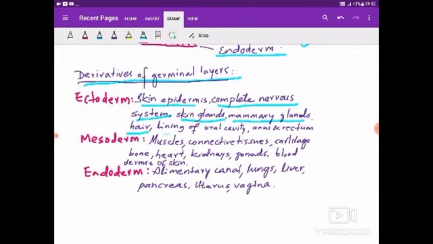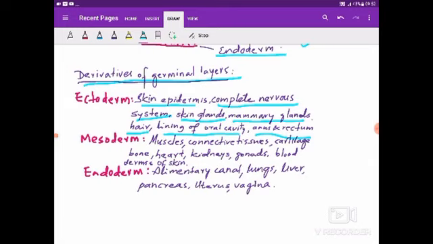And lining of the oral cavity, the anterior half of the buccal cavity, is lined by the ectoderm. And then anus and rectum are also lined by ectoderm.